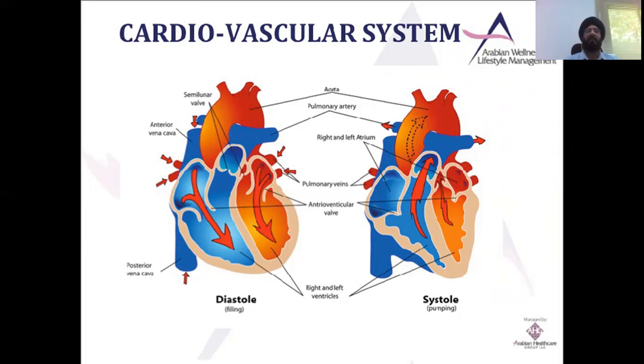When the pressure drops lower during relaxation or filling up of a chamber, whether it is atrium or ventricle, it is known as diastolic pressure. The normal blood pressure of a human body is 120 by 80 millimeters of mercury. Blood pressure is checked by an instrument, the sphygmomanometer.